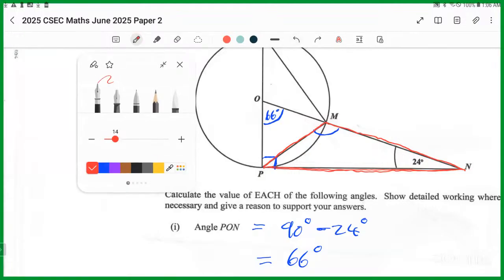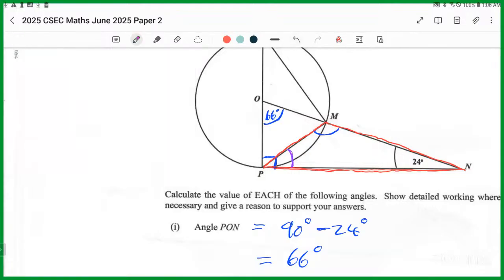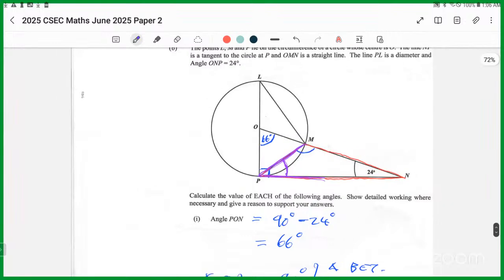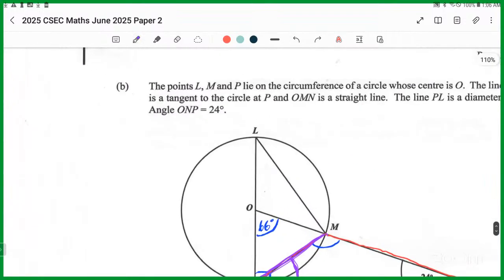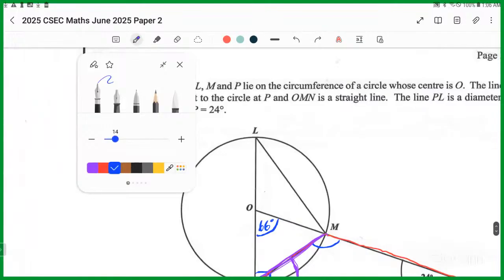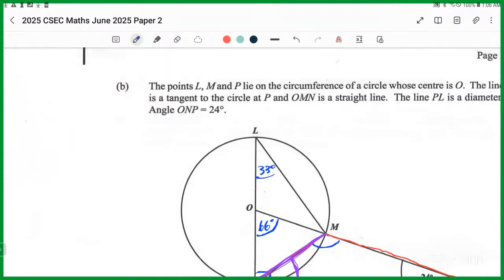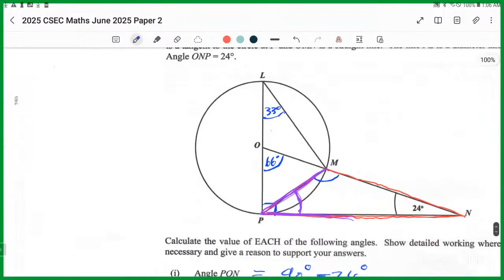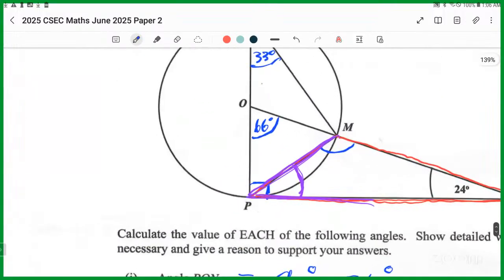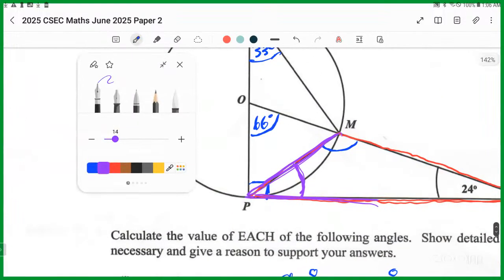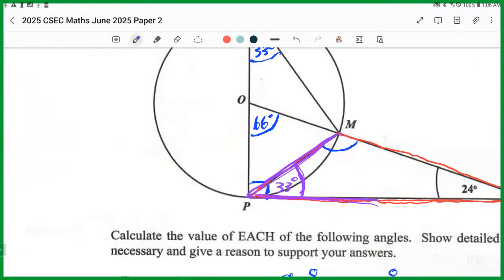If I can know this one out here, then that'll be nice. Now this one is the angle between the tangent and the chord, and the chord is the one with 33 degrees up here that we just worked out. So this angle is 33 degrees as well down here, because the angle between the tangent and the chord equals the angle subtended by the chord.